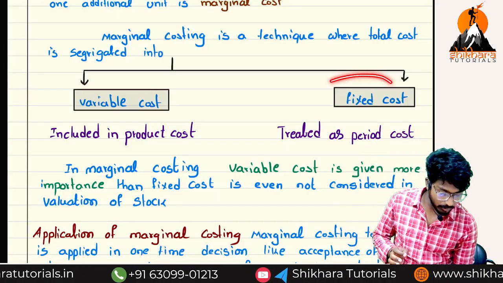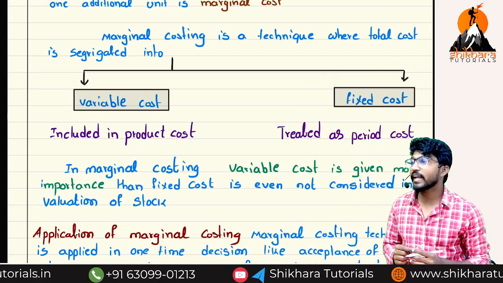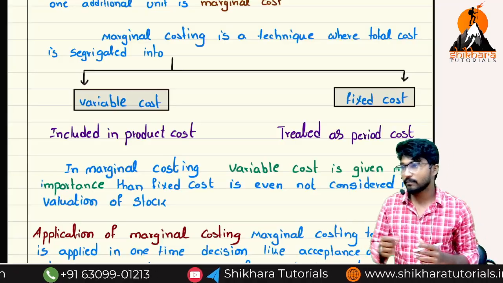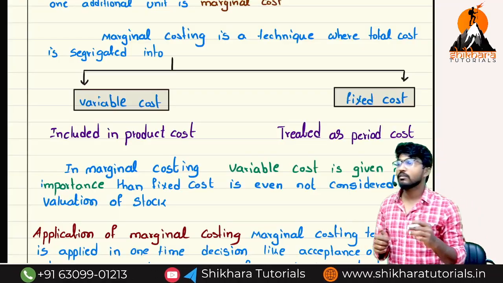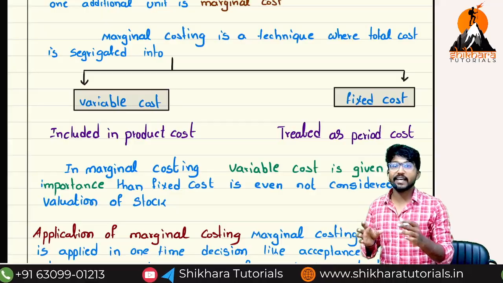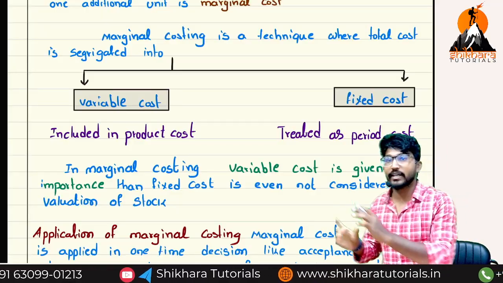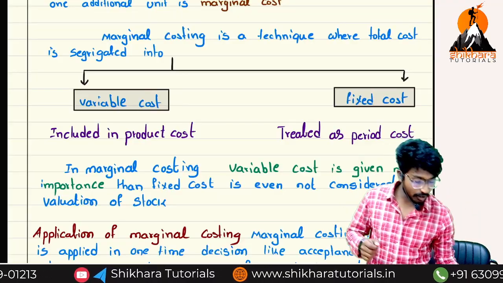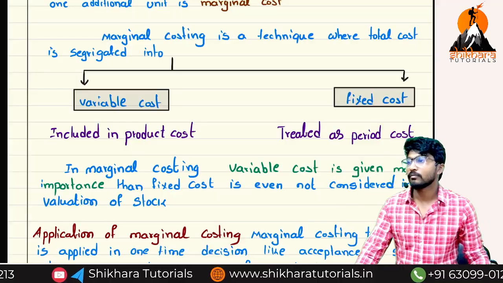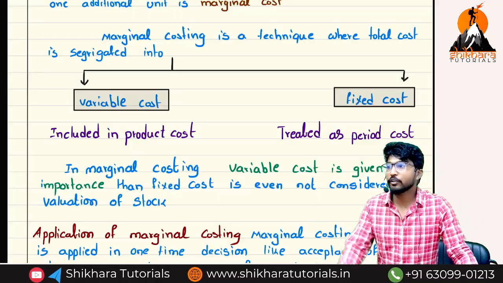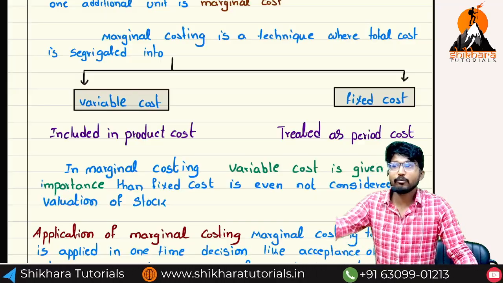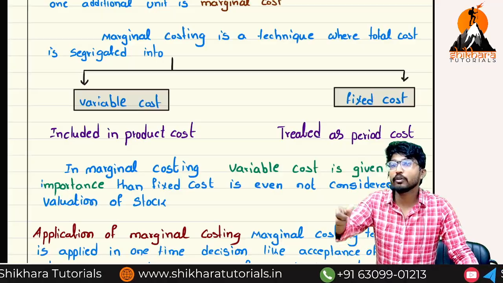But when it comes to fixed cost, it is treated as period cost. You are incurring it for a period, for 1 month, 1 year, or 1 week. You are not directly incurring it for producing the product. Even if you are not producing the product, you have to pay the fixed cost. Like I took one space for rent, where I am using it for producing my goods.